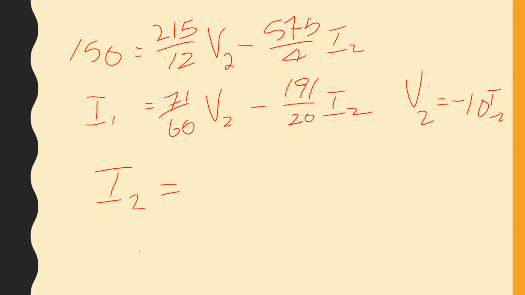All right. So what do we get for I2? 72 divided by 155. All right, give me a decimal now. 0.465.